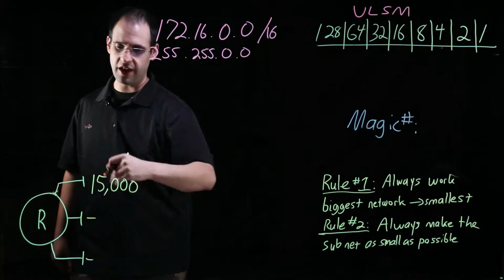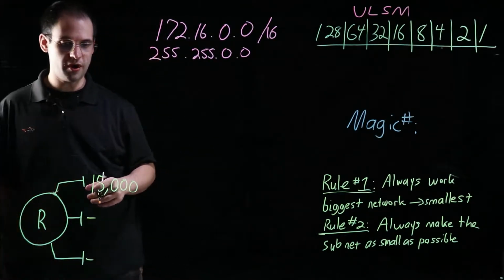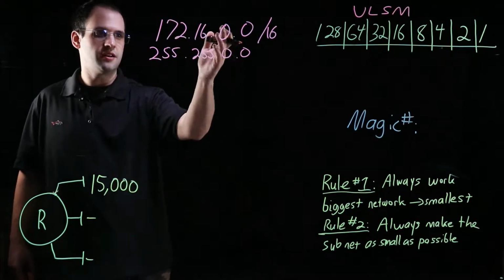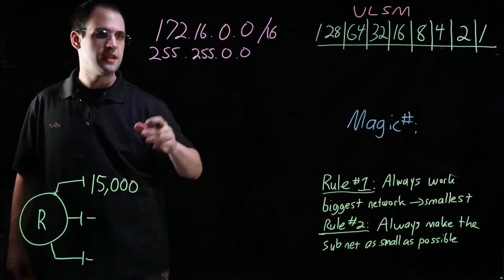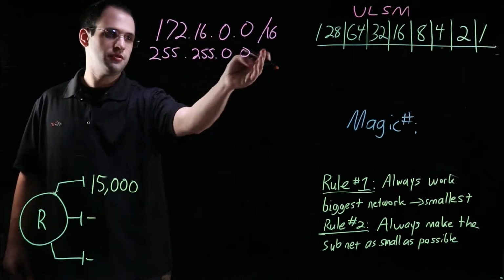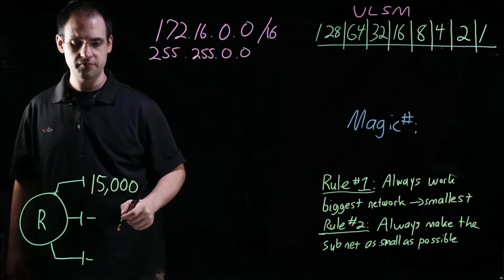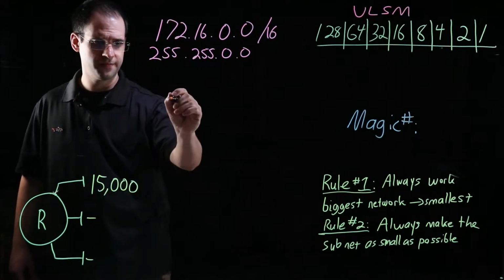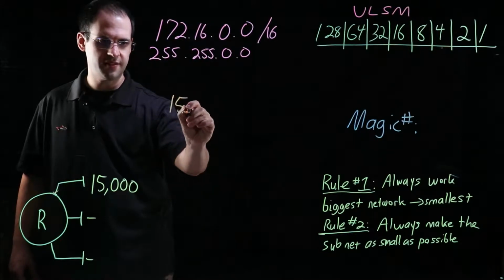Let's say I've been given the network 172.16.0.0/16. Here's the subnet mask written out in decimal for this /16. And I need 15,000 hosts.